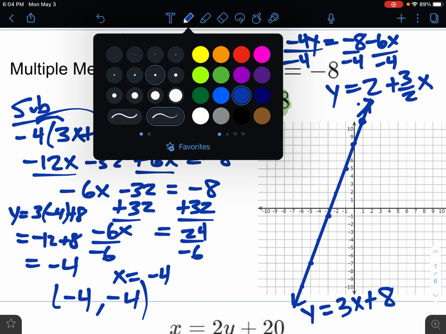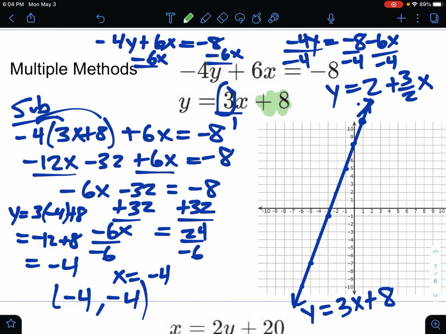So starting at a 2 here on the y-axis, positive 2, I'm going to go up 3 over 2, up 3 over 2 to the right, like this, and then following it backwards, down 3, left 2, down 3, left 2, down 3, left 2, down 3, left 2.